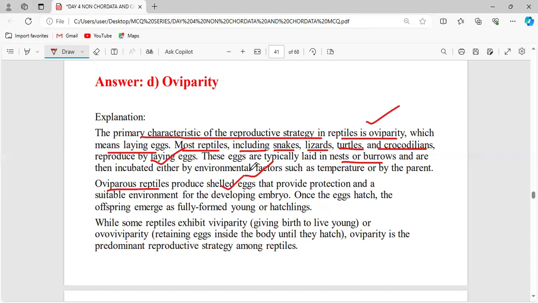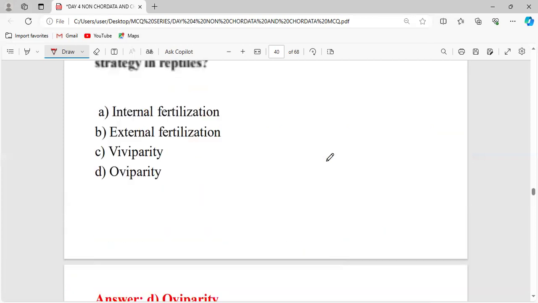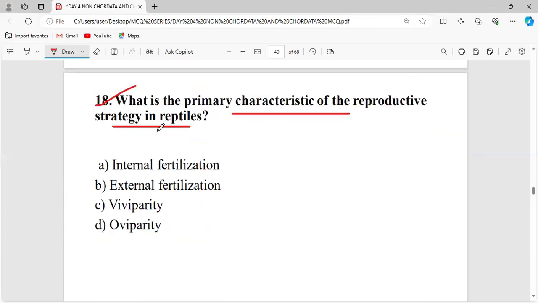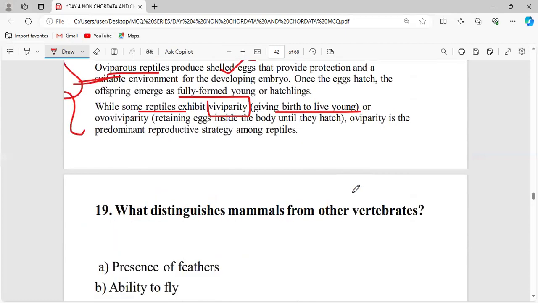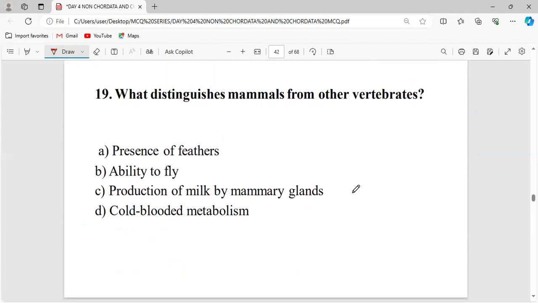Oviparous reptiles produce shelled eggs. These are all the characteristic features of oviparity, and some reptiles also exhibit viviparity, giving birth directly to the young ones. So the main distinguishing factor for the reproductive strategy will be oviparity. This will be the strategy to avoid external danger. Now, what distinguishes mammals from the other vertebrates?